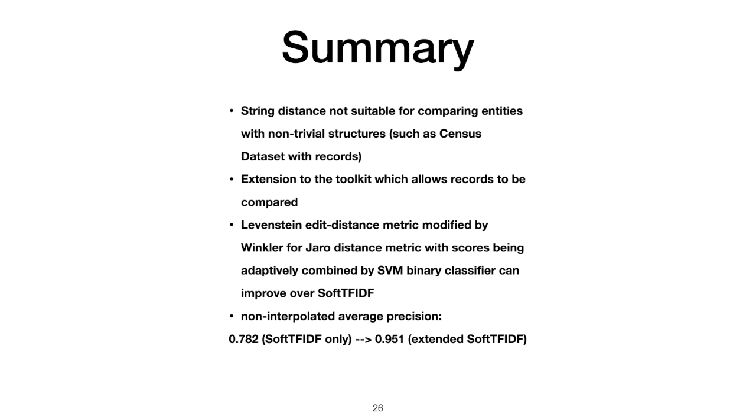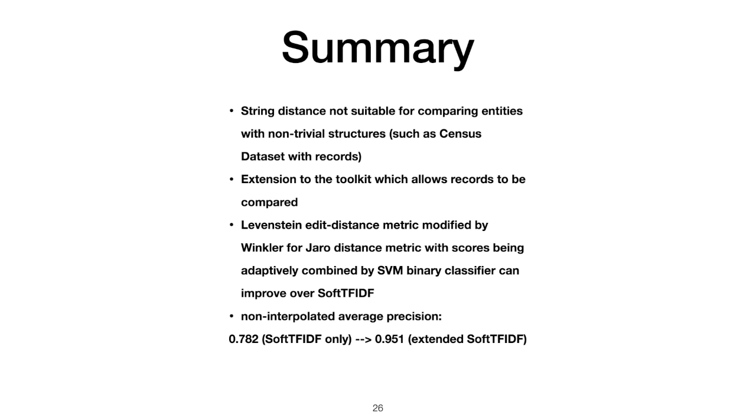So based on all the experiments we talked about, we have some findings. First, string distances are not suitable for comparing entities with non-trivial structure, such as the census dataset with records. So we need to apply some extension to the toolkit which allows records to be compared.